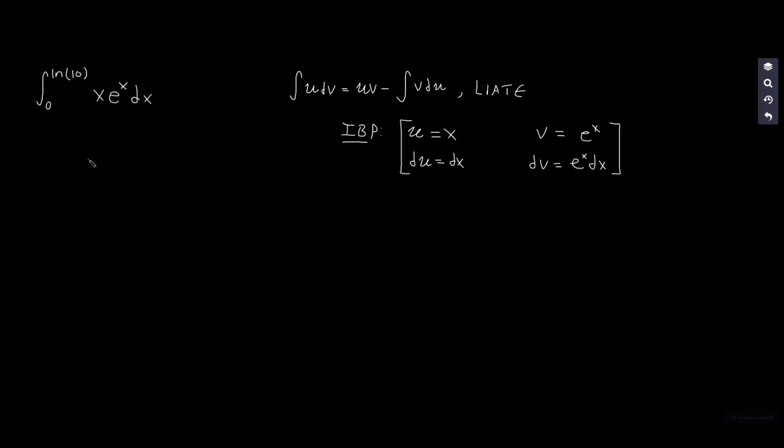And we can use this for our formula. We're going to have x times e raised to the power of x minus the integral of e raised to the power of x, integration with respect to x. And we can simplify this so that it becomes x times e raised to the power of x, evaluated from 0 to the natural logarithm of 10.